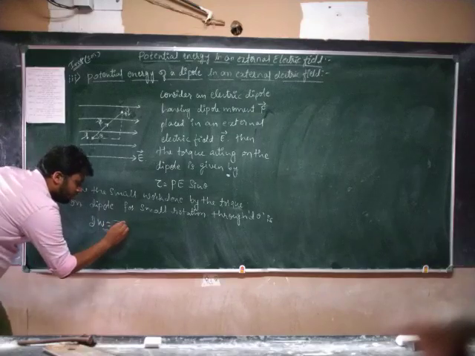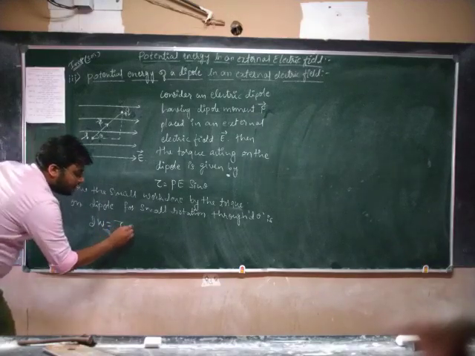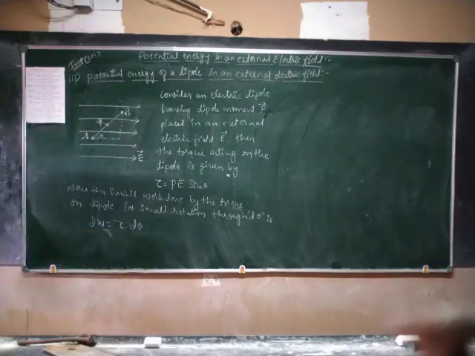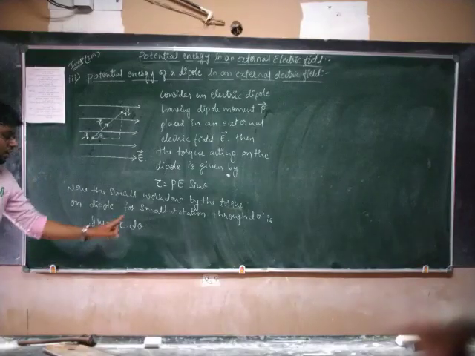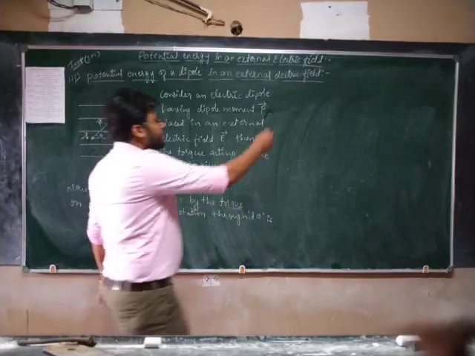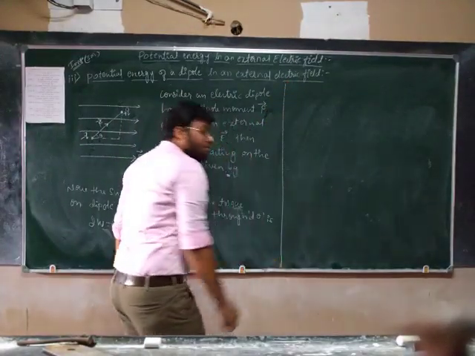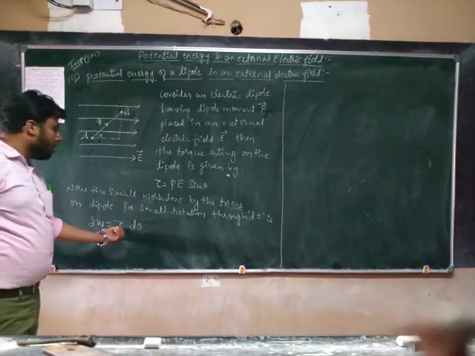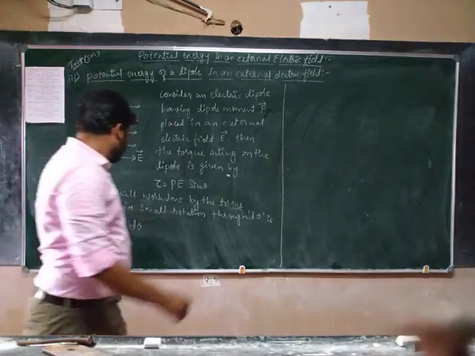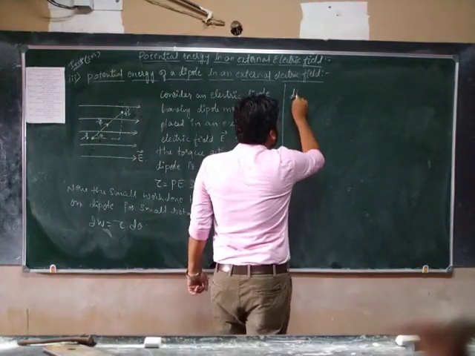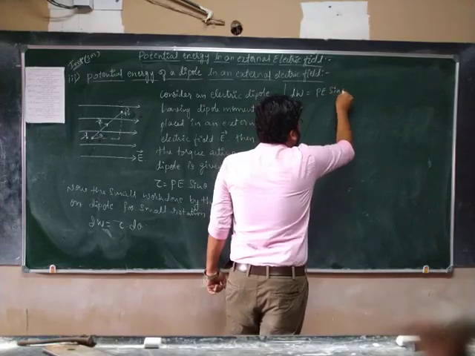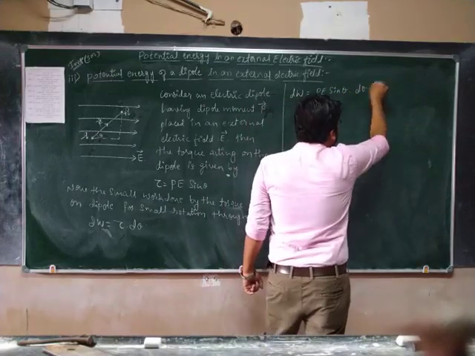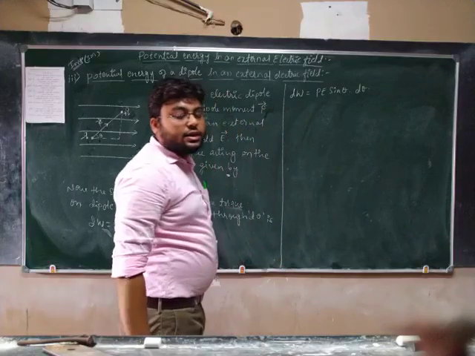So torque into angular displacement d theta: force into displacement, torque into angular displacement. Now substitute the value of torque from this equation. dW is equal to pE sin theta into d theta.